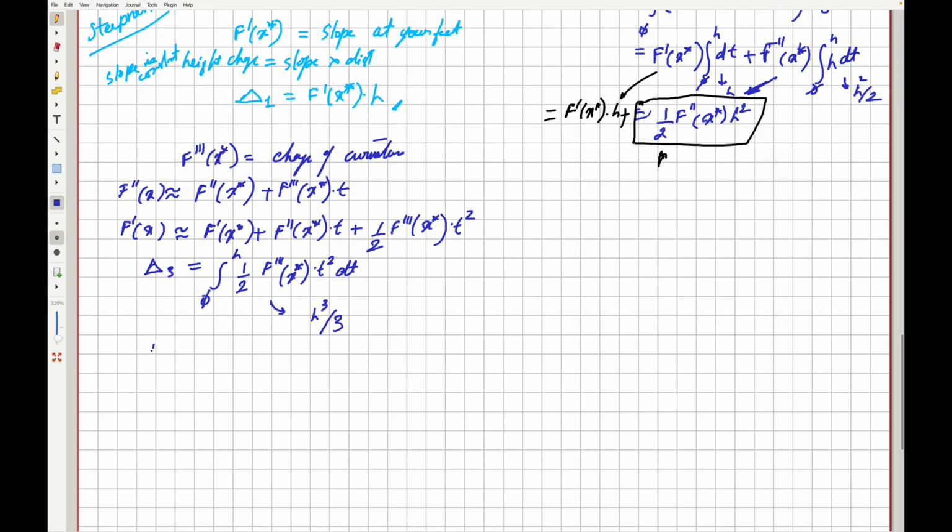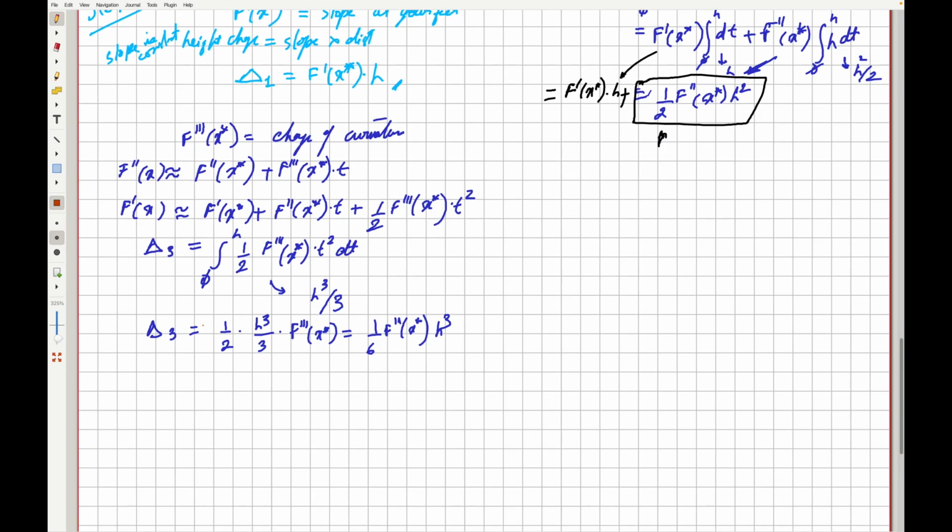And so the delta 3 becomes 1 by 2 times h cubed by 3 f triple prime x star, that is equal to 1 by 6 f triple prime x star h cubed. So again, 1 by 6 comes from integrating twice, and that's 1 by 2 times 1 by 3.